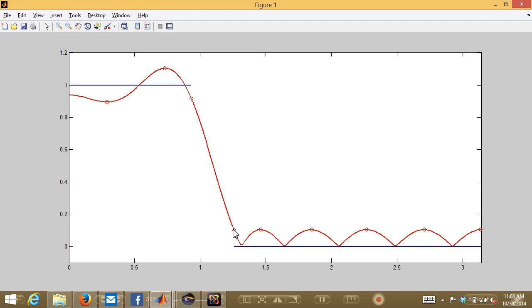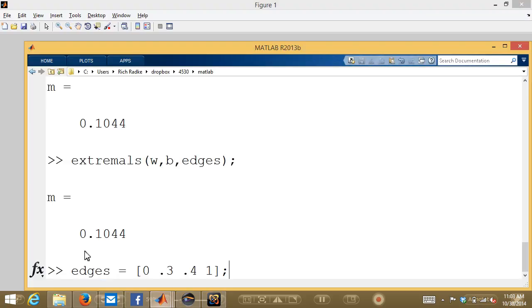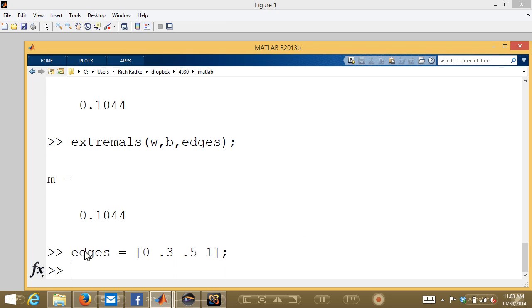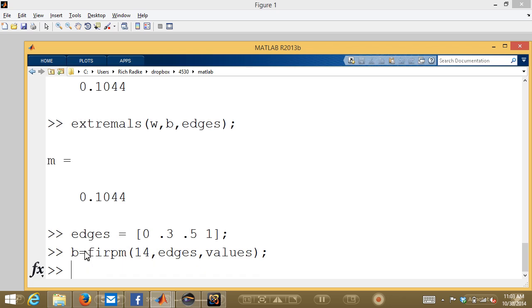So what can I do to reduce the ripple? Well, if I widen the transition region, I give the filter more room to breathe, and the ripple should be smaller, because then it can soak up some of the approximation error in the transition band. And so I could say, okay, what if my edges were between 0.3 and 0.5, and then I redesign my filter with those values.